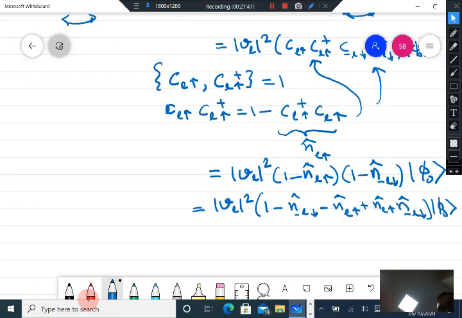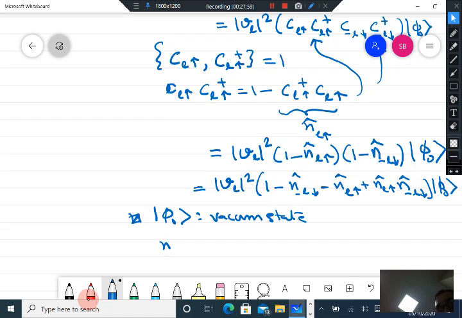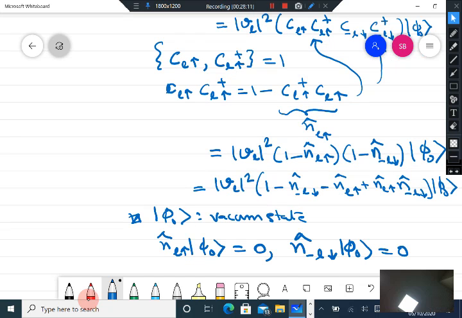But remember that phi naught is a vacuum state, it has got no particles in any state, so therefore NL up phi naught equals 0, and N minus L down phi naught is also equal to 0, because there are no particles occupying either the L up state or the minus L down state.